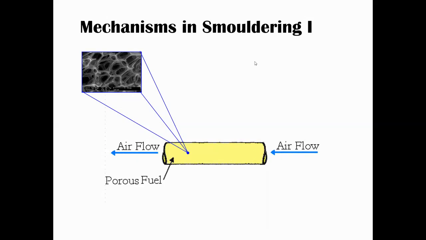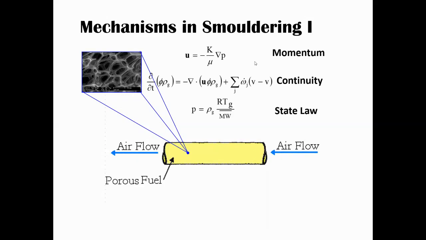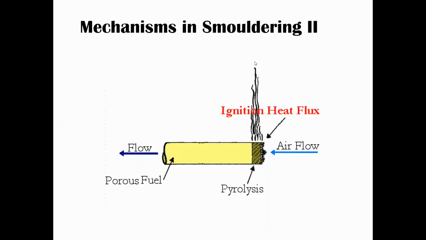We have a porous fuel. There is airflow across it in the porous media. Therefore, we're going to have transport processes of flow. We're going to have to conserve momentum. We will have to have continuity of the gas phase, and we will have a state law that gives a relationship between pressure, density, and temperature.